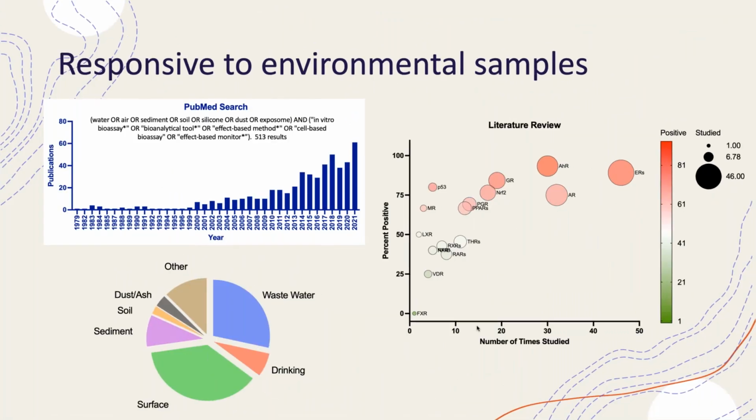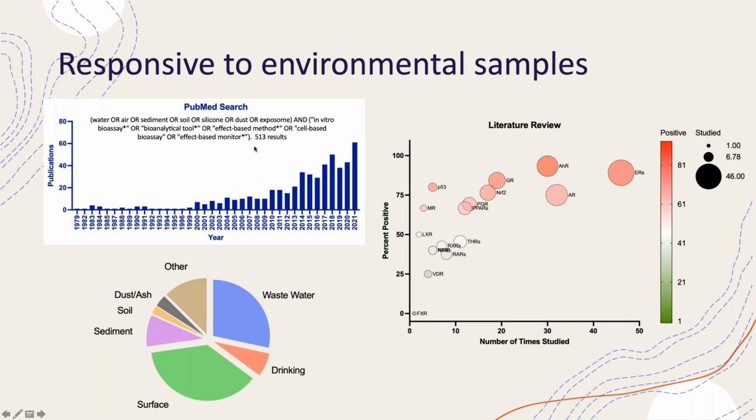The next step in trying to pick our assays is have these been detected in environmental water samples in the past? So for this analysis, what I've done is I just went to PubMed and looked for papers that looked at a variety of different biological sources, looked for in vitro bioassay, bioanalytical tools, effect-based methods, cell-based bioassays, and simply collected all that data.